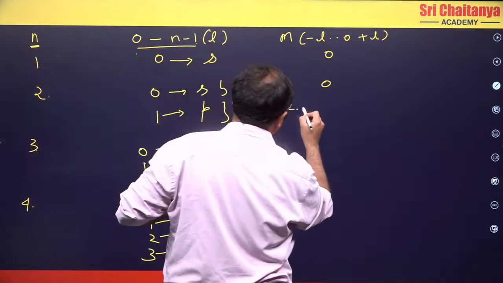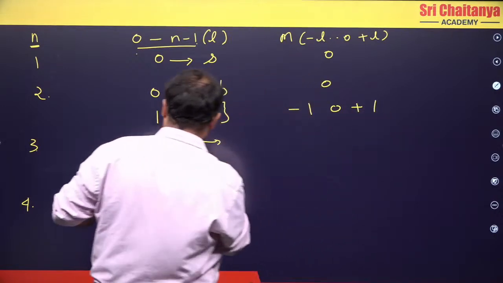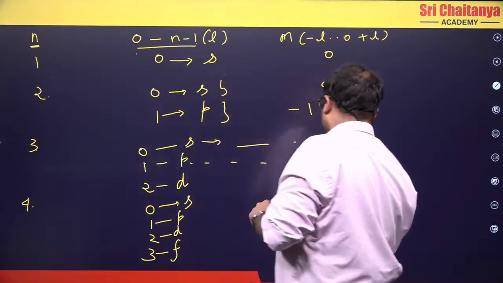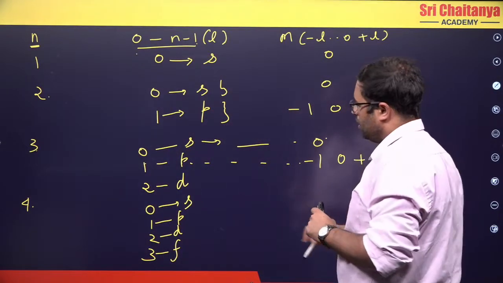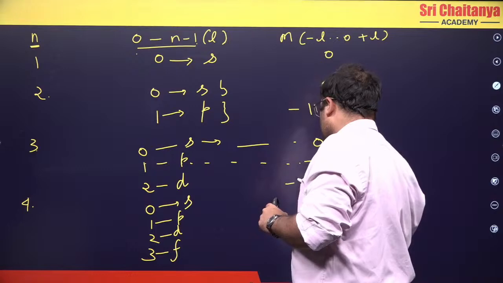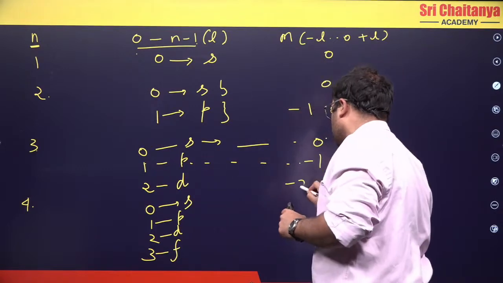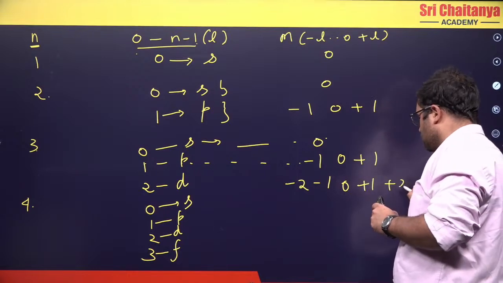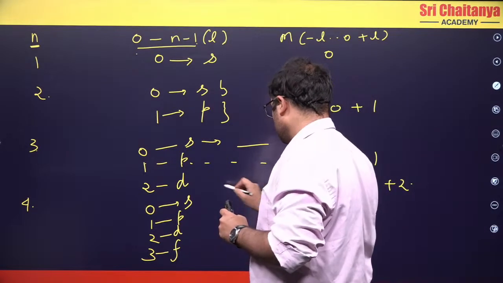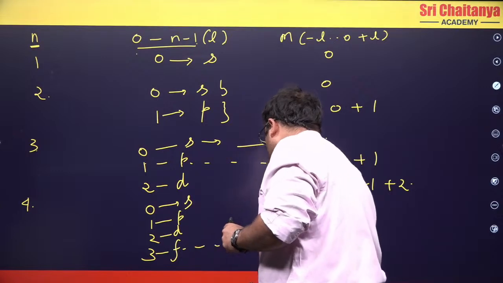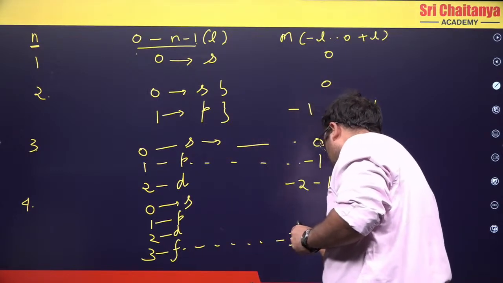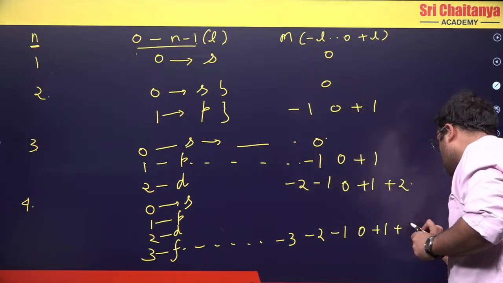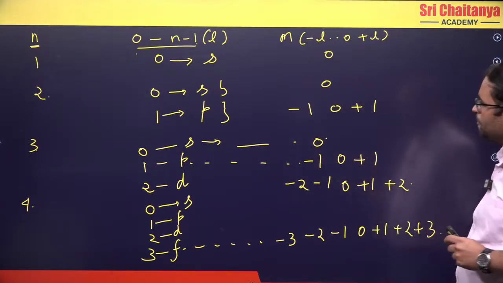I can go from minus 1, 0 to plus 1, right? Here, see minus L. So, minus 2 you have to start. Then minus 1, then 0, then plus 1, then plus 2, right? Similarly, I can go with L equals to 3, minus 3, minus 2, minus 1, 0, plus 1, plus 2, plus 3, right?